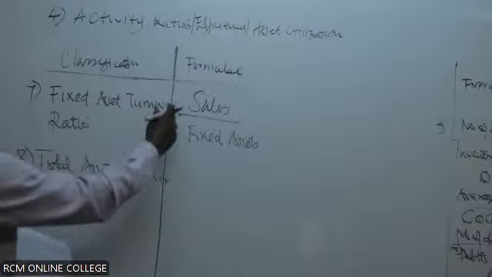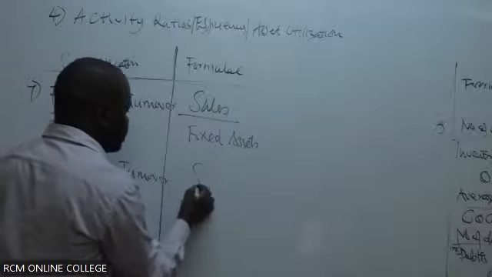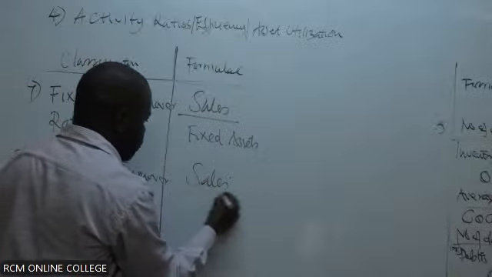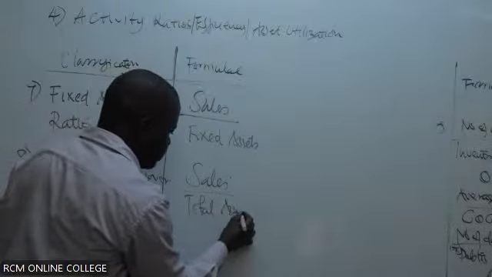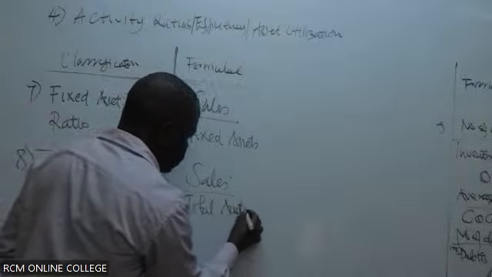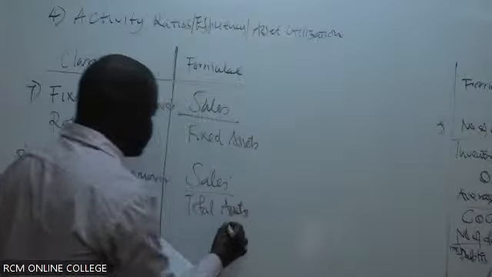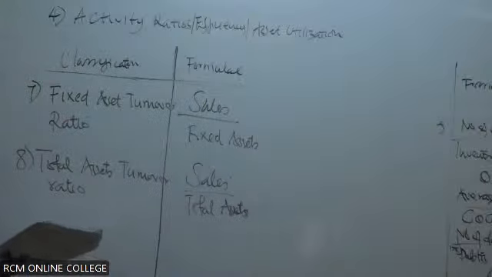It's just the same as this one, but now you take the total assets. So it will be sales over the total assets. So those are the formulas you can use there.